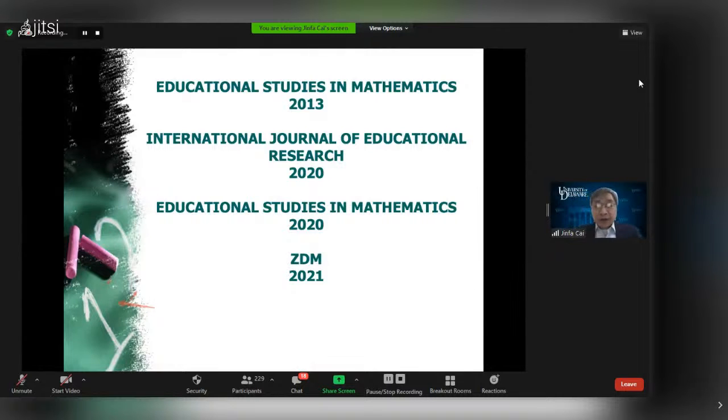And in 2020, the last issue of ESM is about the affect in mathematical problem posing. And this year, ZDM is going to publish a special issue on mathematical problem posing and problem solving. This is just a little evidence that it's a pretty important topic and enjoying quite a bit of attention in the field of math education research. Even beyond, some educational researchers started to be interested in problem posing.